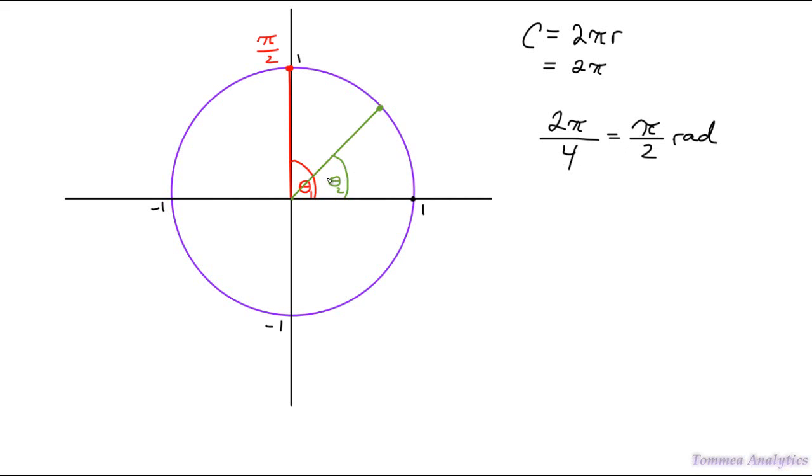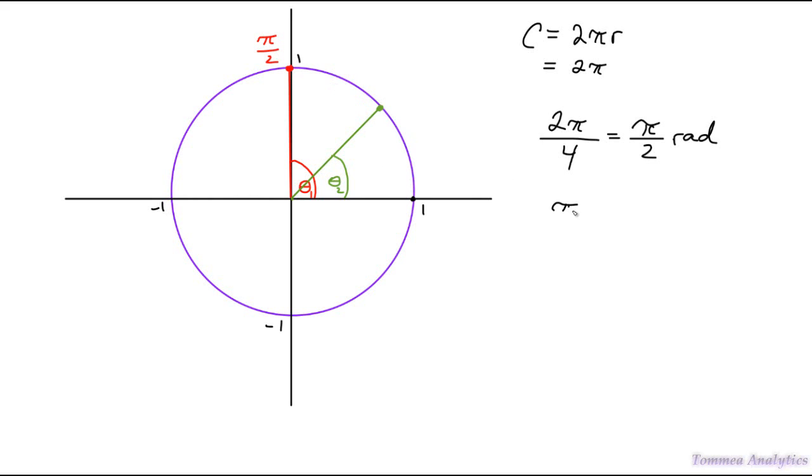And what I've done here is I've drawn a new angle called theta 2. This angle is 45 degrees. But to alternatively refer to this angle instead of degrees, we use the term radians. To get the radian measure of this length from this black dot to this green point, all we do is take this whole length in the first quadrant and divide it by 2.